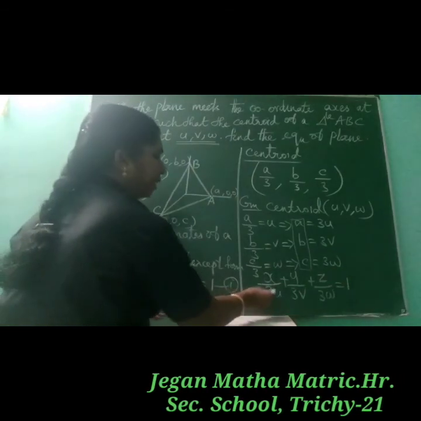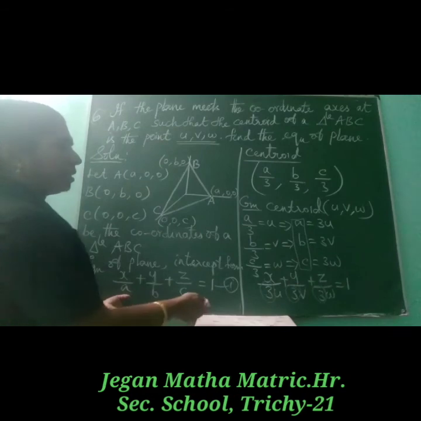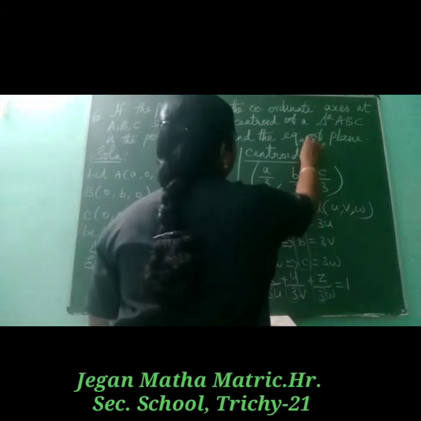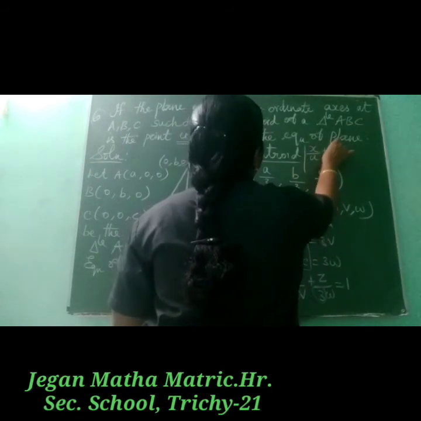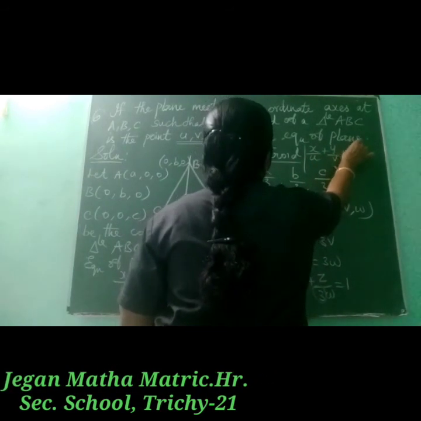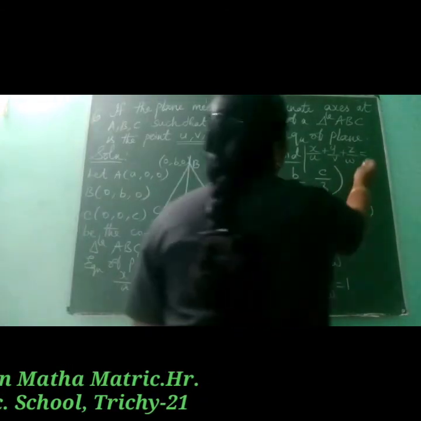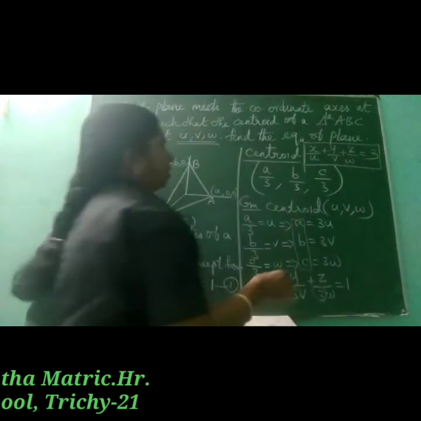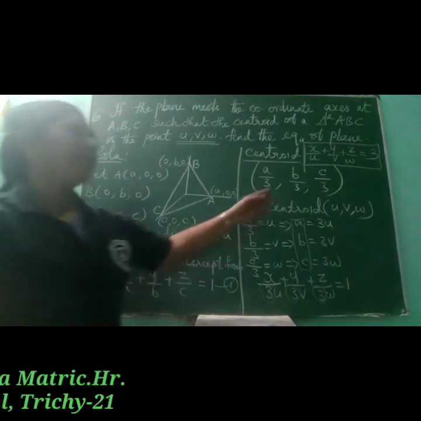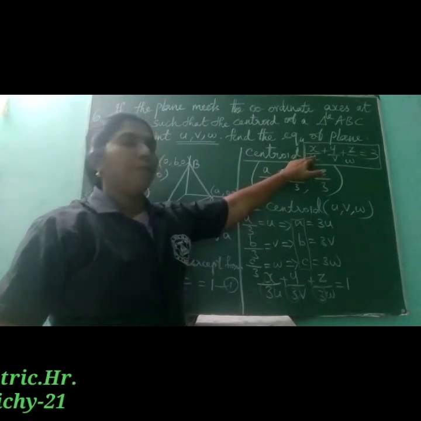Since in the denominator this 3 is common for all three terms, this can be written as x by u plus y by v plus z by w equals, taking this 3 to the other side, 3. Therefore, the required equation of the plane in intercept form is x by u plus y by v plus z by w equals 3.